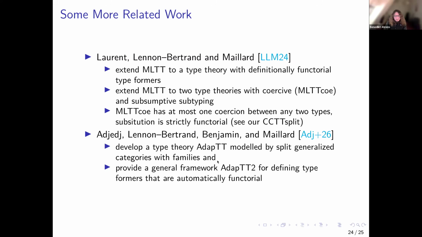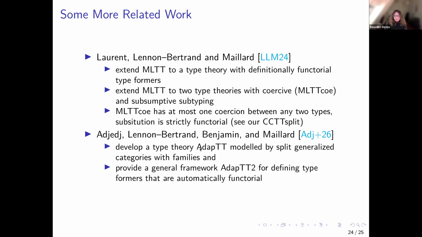And then in a follow-up to the previous work, in a very recent paper that was also published in POPL, they develop a type theory that they called ADAPT-TT, which is modeled by split generalized categories with families. So split generalized categories with families are equivalently split, not necessarily full comprehension categories.